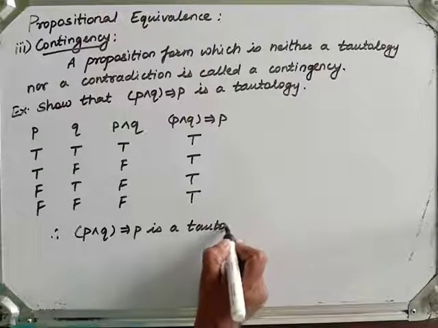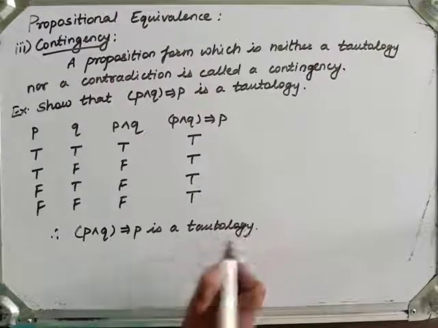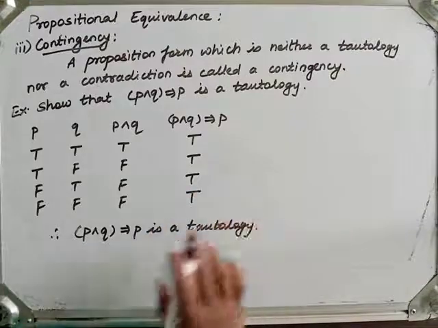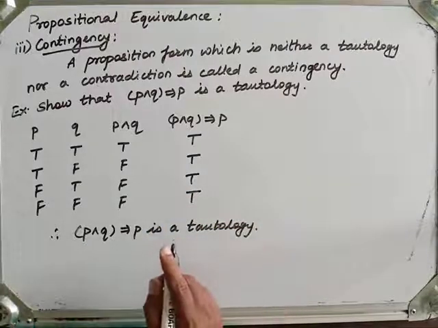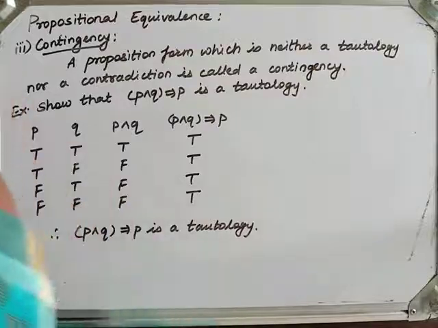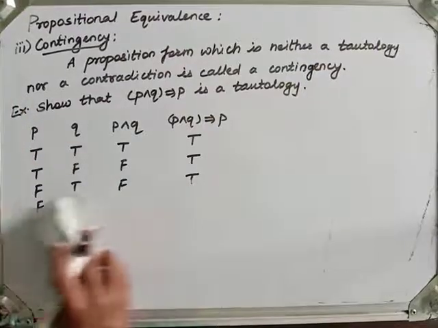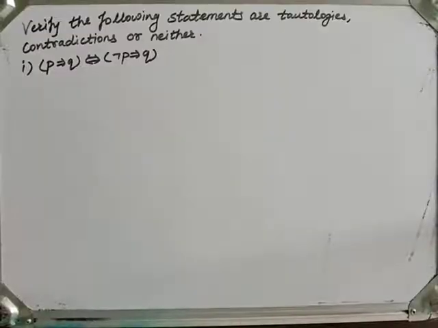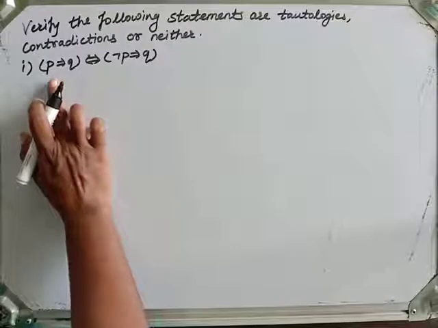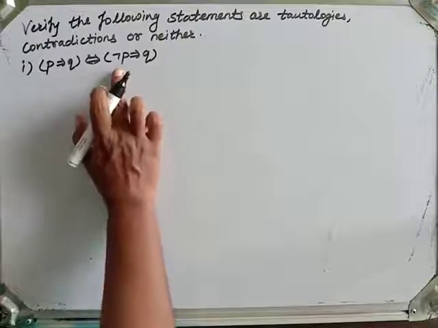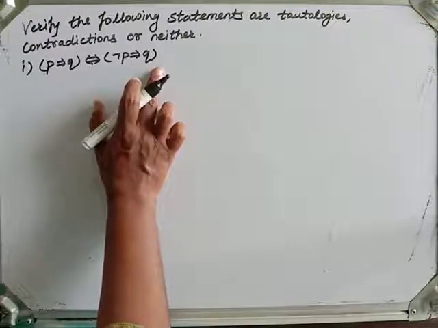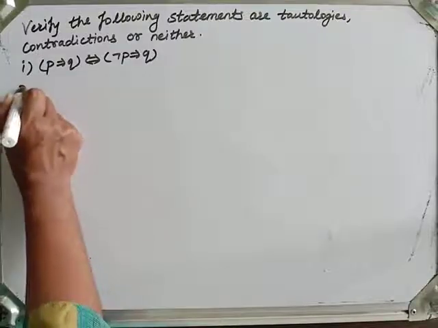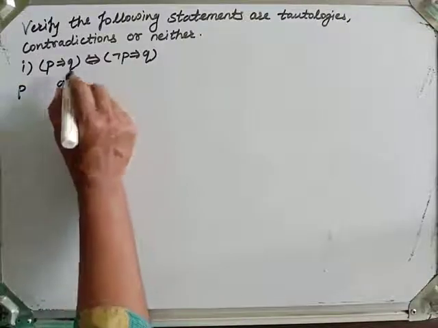Or you can write in detail, all truth values for this propositional form are true, so it is a tautology. Okay. Now the next example, verify whether the following statements are tautologies, contradictions, or neither. The first question is, P implies Q if and only if negation P implies Q. Here P, Q, again only two variables.